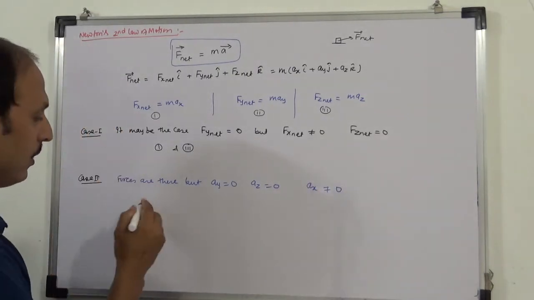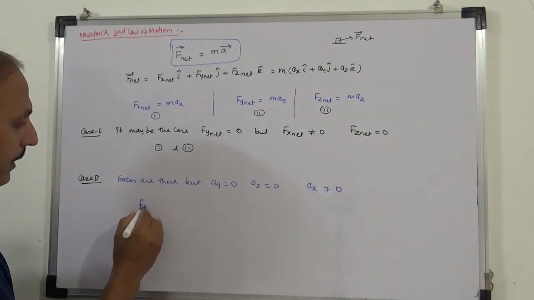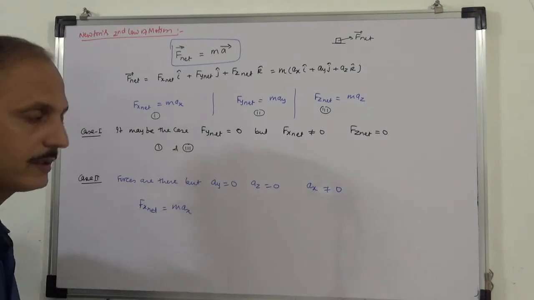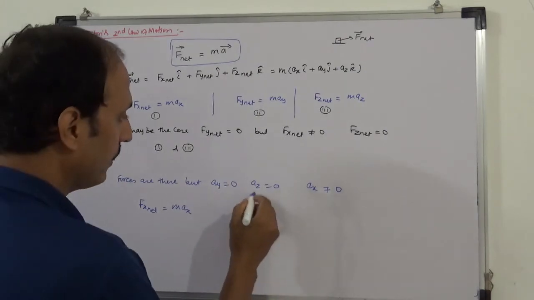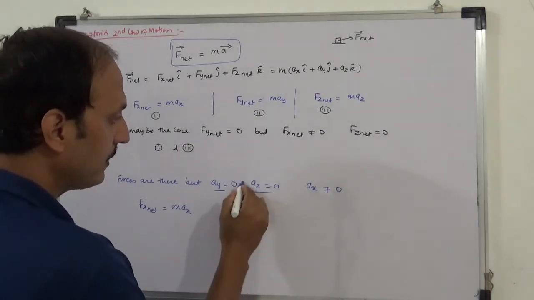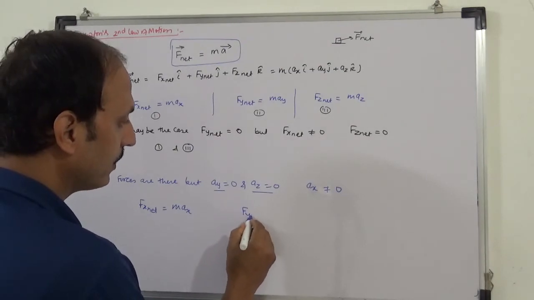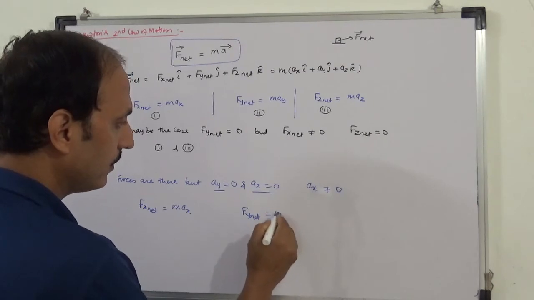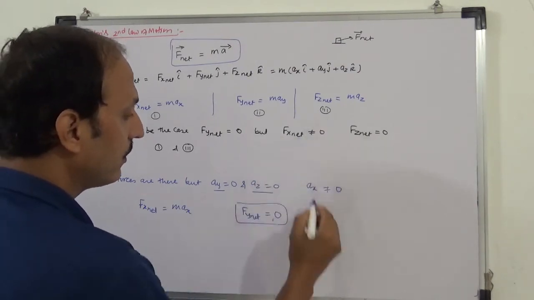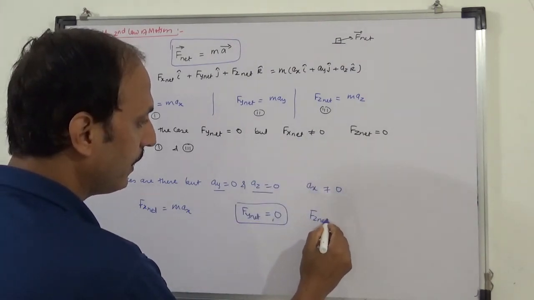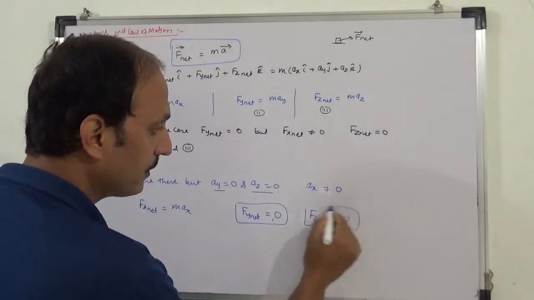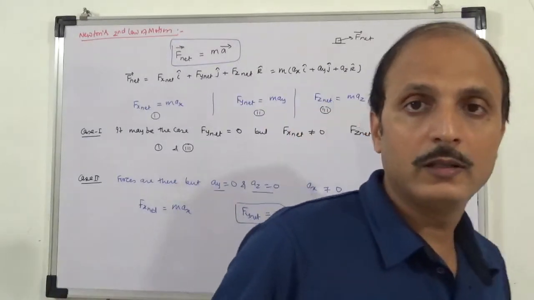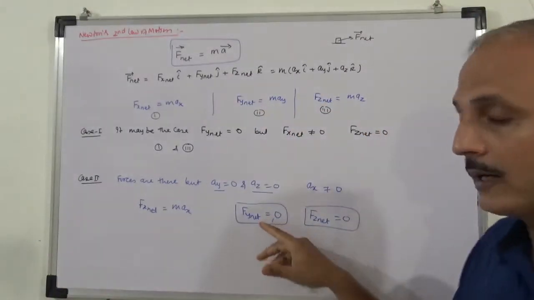So in that case, F net along x, I can write as m into ax. But if acceleration along y and z is 0, it means net force along y is 0, and net force along z is 0. But it doesn't mean that forces are not there. Forces are there, but they are cancelling each other.